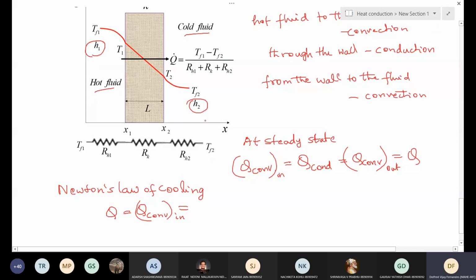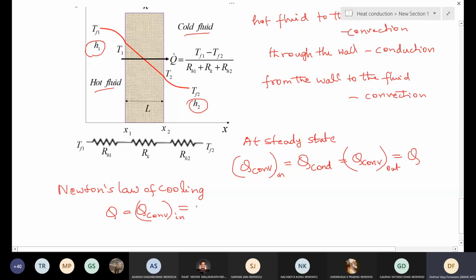We need some experiments to be done, and from the experimental results we derive the correlations, and from the correlations we can get this value of H. Right now for you it is very simple. The H value will be given to you, so you will use that without thinking much about it.